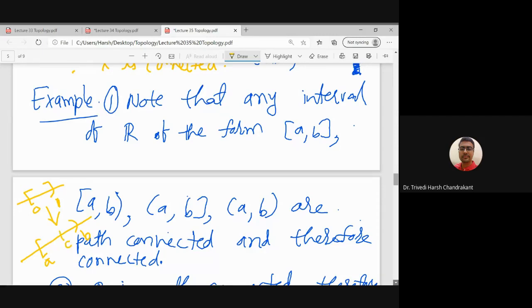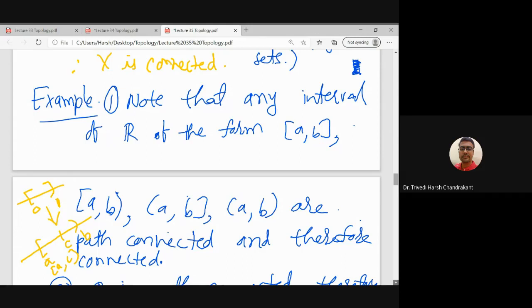Choose any point c here, then I can always show that the interval [a,c] is the image of the closed interval [0,1], right? So that means every interval of the form a to c is connected because it is a continuous image of the closed interval [0,1], and this is true for every c between a and b.